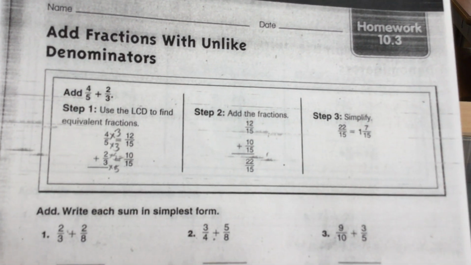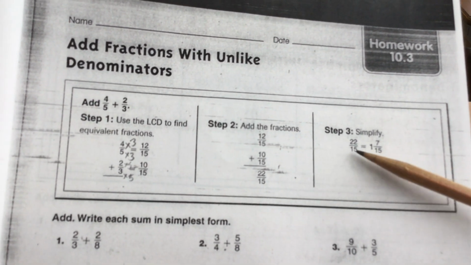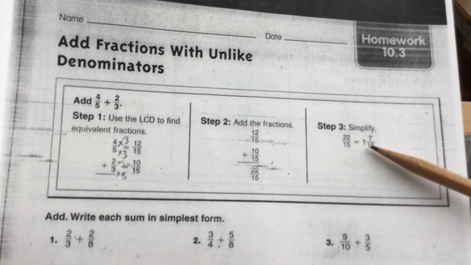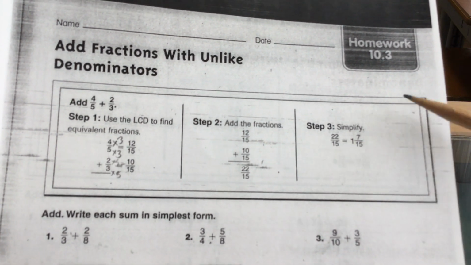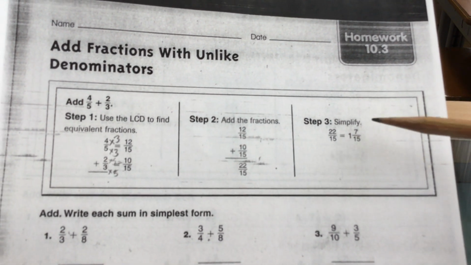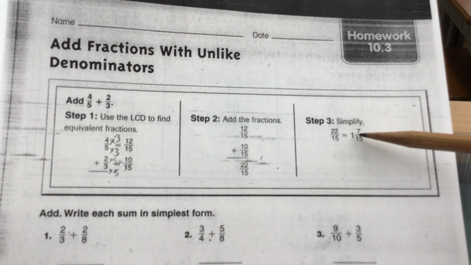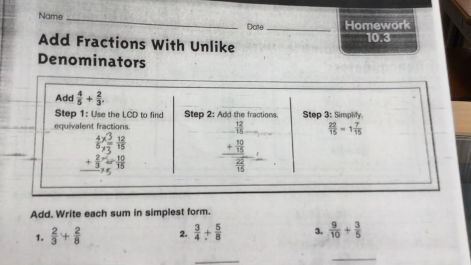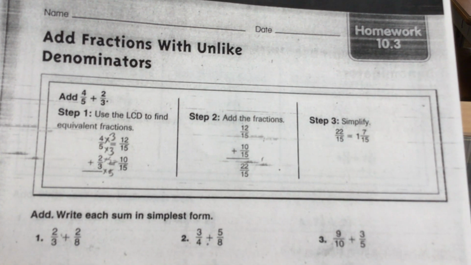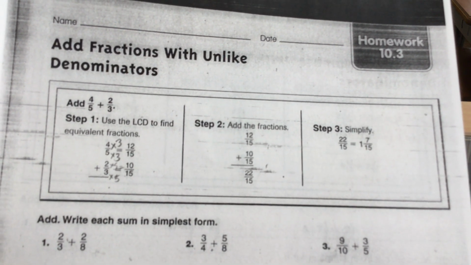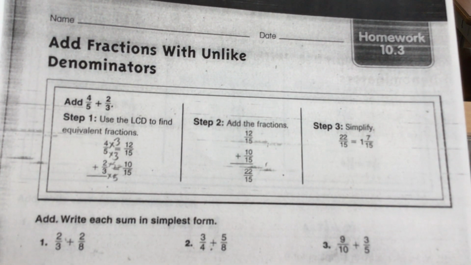So please remember to simplify. 22/15 is going to give us a whole number of 1, and then we have 7 left. 1 and 7/15. Can we simplify 1 and 7/15? No, we cannot. So that is going to stay the absolute same.